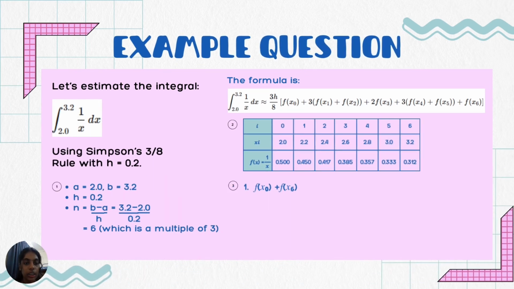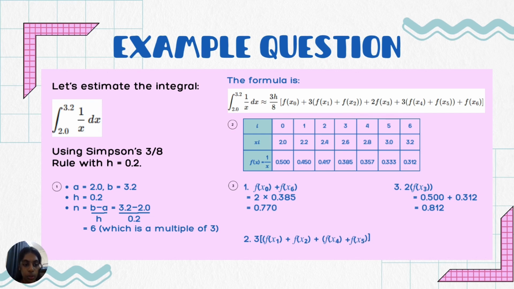Now let's take a look at one of the example questions. The question given is to estimate the integral from 2.0 to 3.2 of 1 over x dx using Simpson's 3/8 rule with h equals 0.2. So step 1, set up the formula and interval.